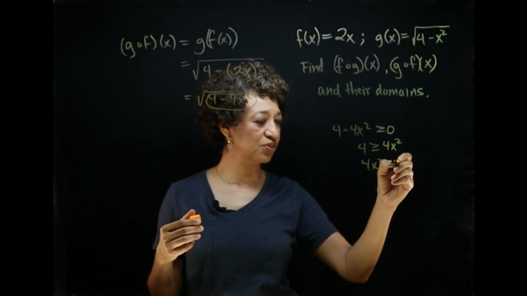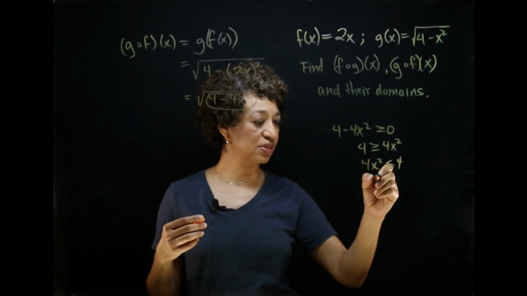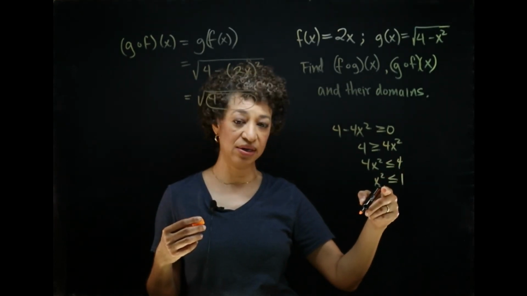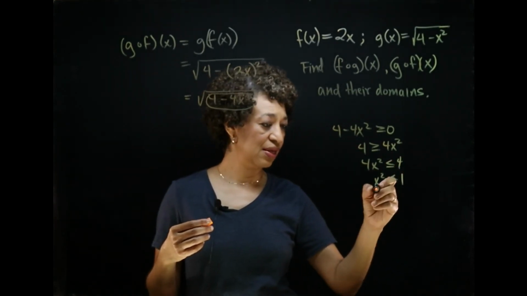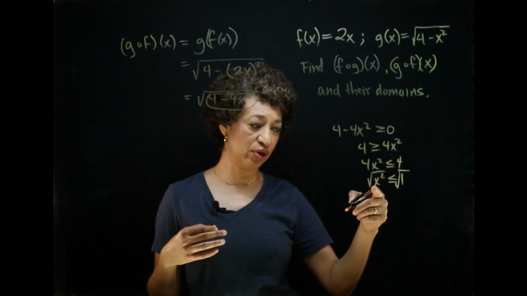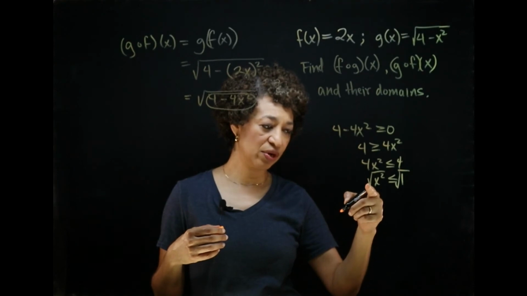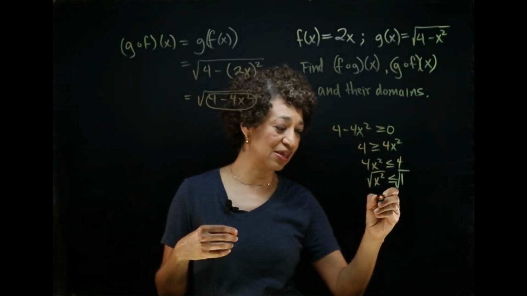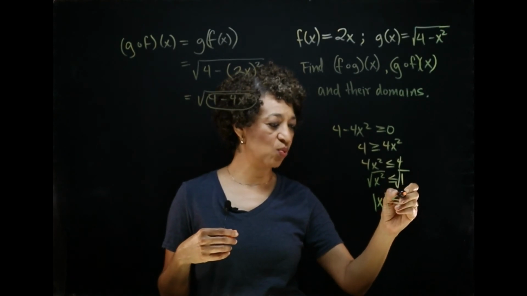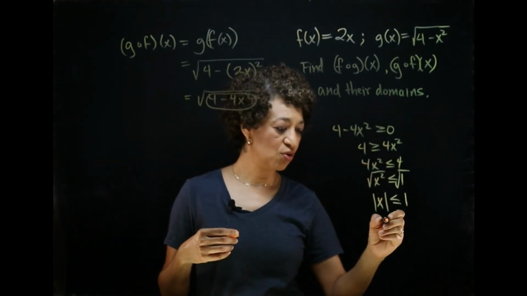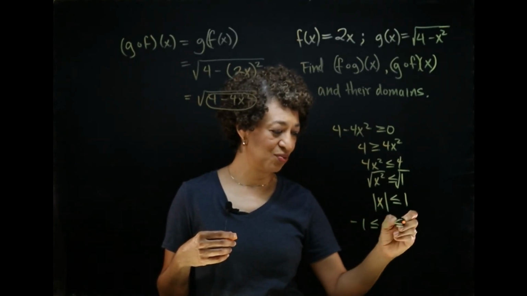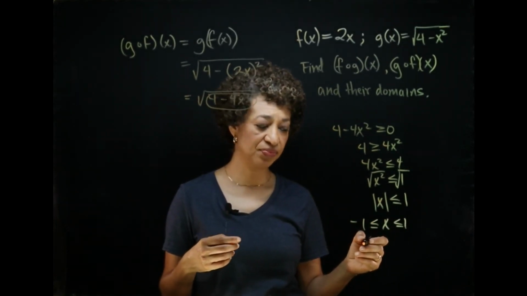I'm going to divide both sides by 4, and I get x squared is less than or equal to 1. Now again, to get x by itself, we need to take the square root of both sides. The square root of x squared is defined to be the absolute value of x, and that must be smaller than 1. So then, x must be between negative 1 and 1 inclusive.